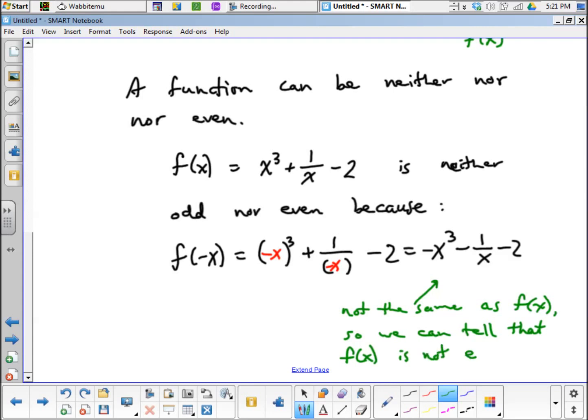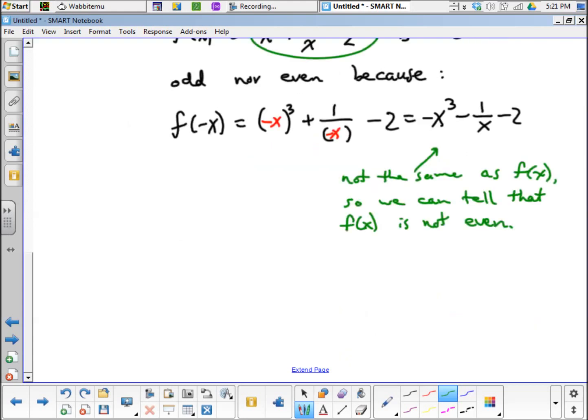So let me just reiterate what that means. Because it didn't come out to the original problem, this is not an even function. We're not dealing with an even function. Also, this expression is not negative f of x either. Watch.